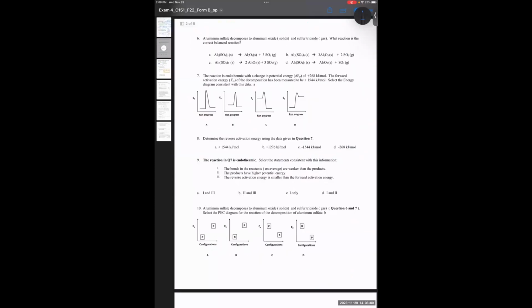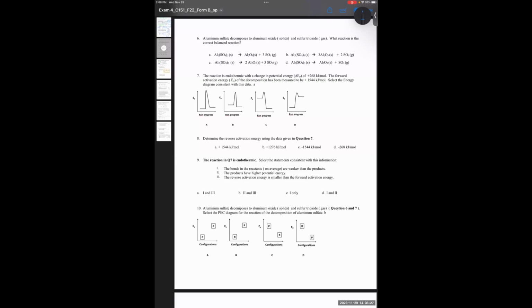Moving on to the next page, question 6. Aluminum sulfate decomposes to aluminum oxide and sulfur trioxide. What is the correct balanced reaction? We can do it ourselves, or we can just eliminate the wrong answers. So aluminum, we have 2.